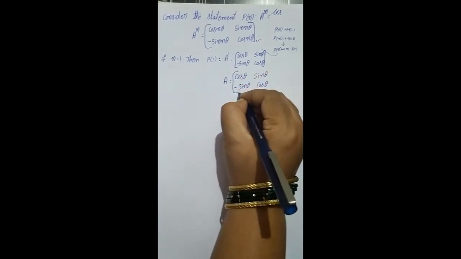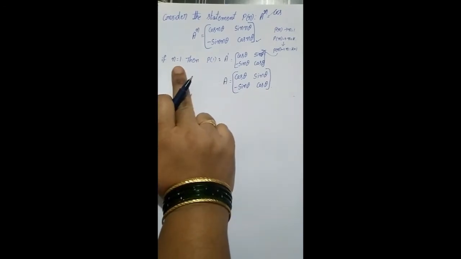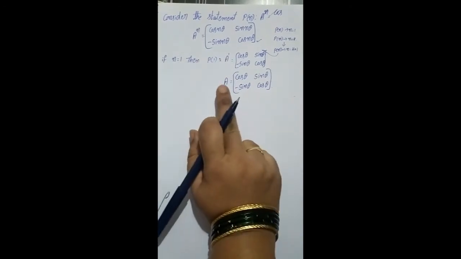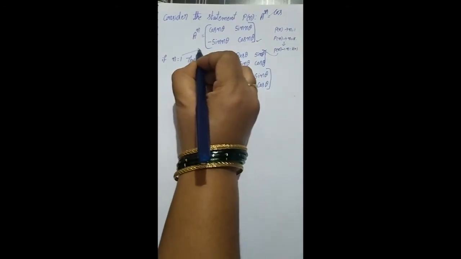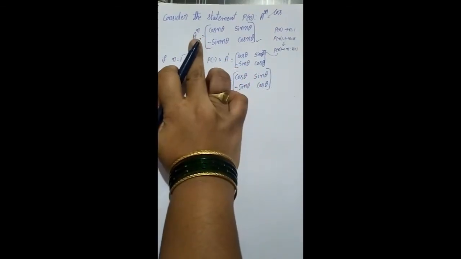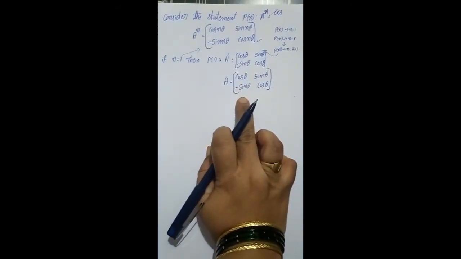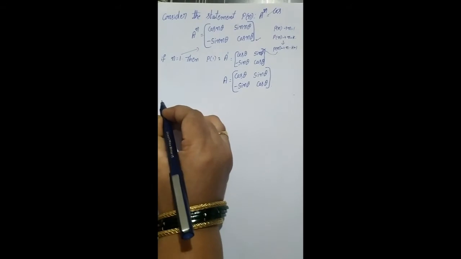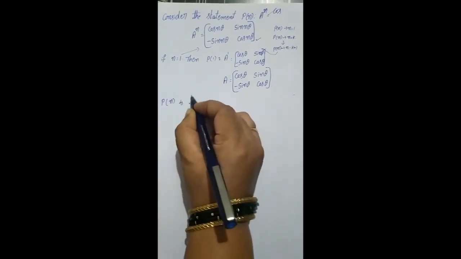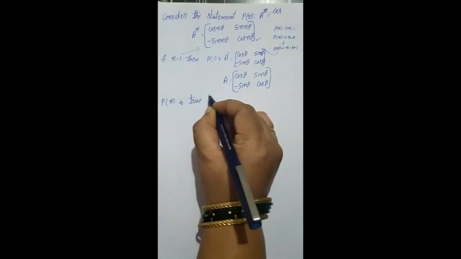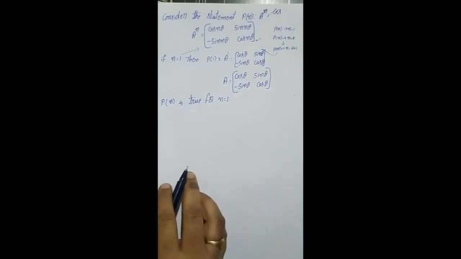This is the matrix. P of n is true for n equal to 1, because we are already given matrix A, and substituting n equal to 1 in A power n gives the same matrix. Then P of n is true for n equal to 1.